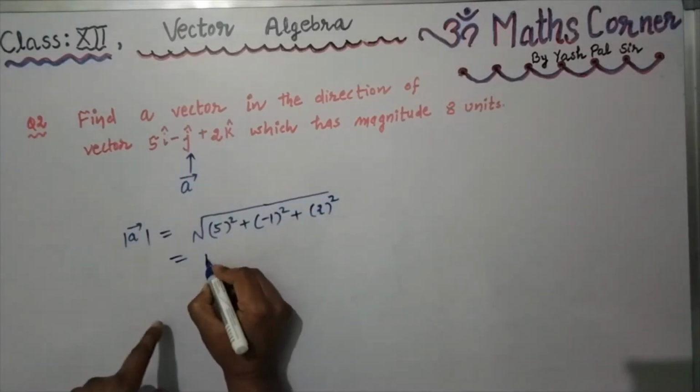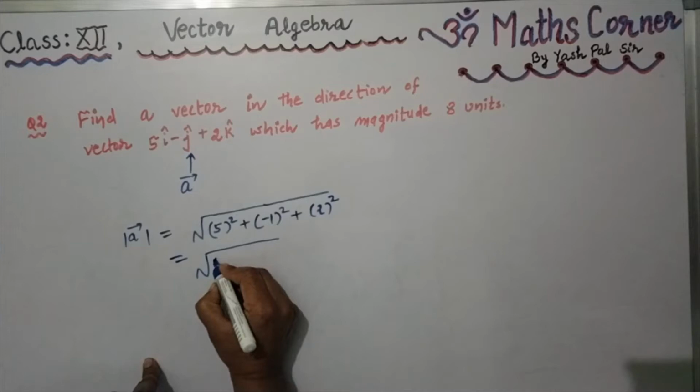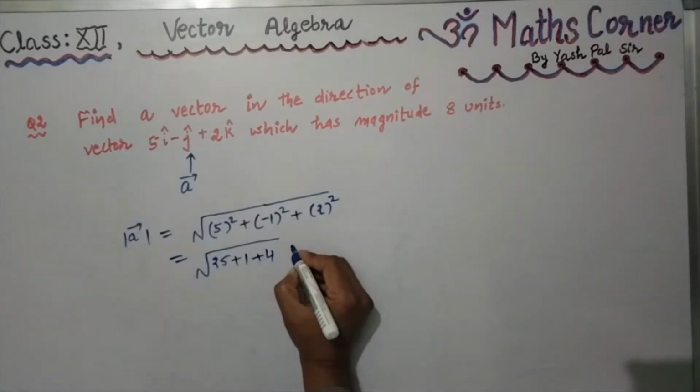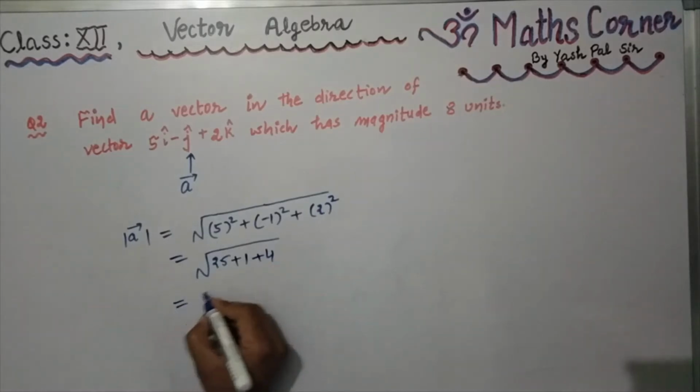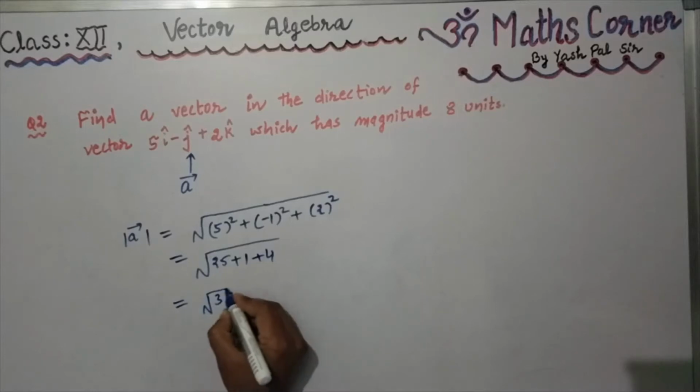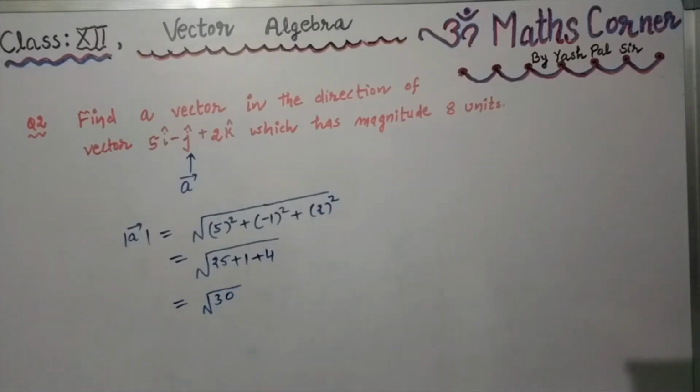Solving this we have 25 plus 1 plus 4, so this is equal to square root of 30.